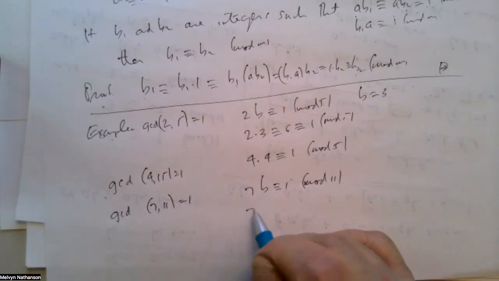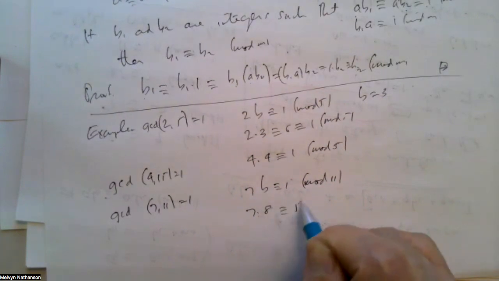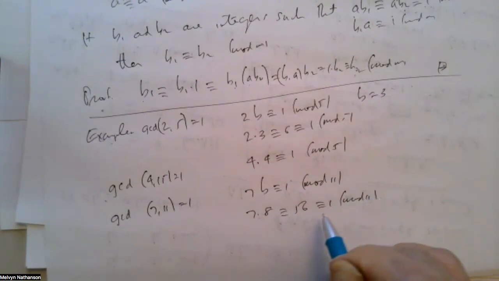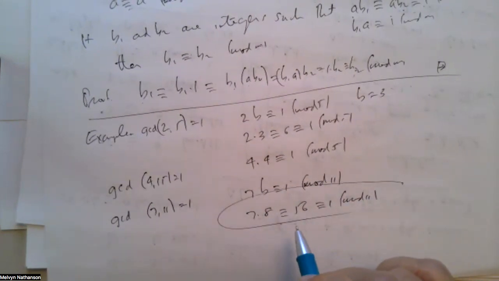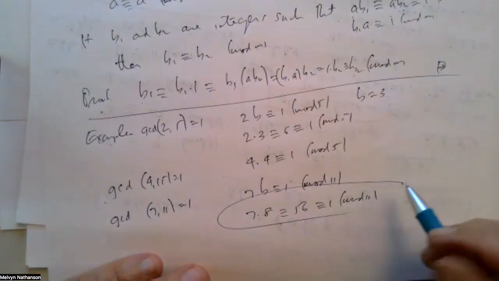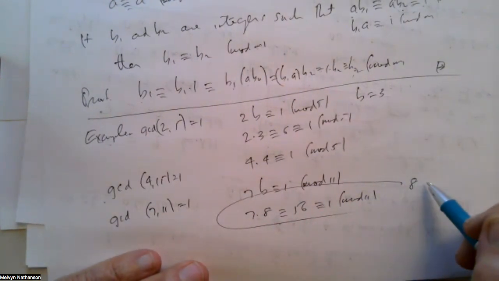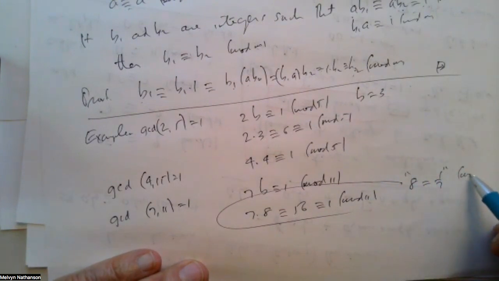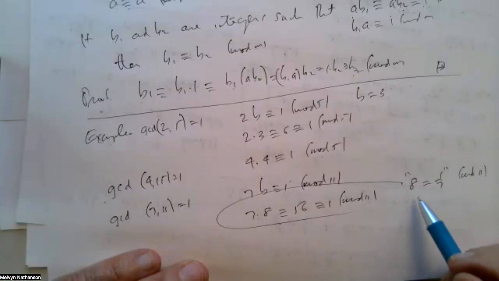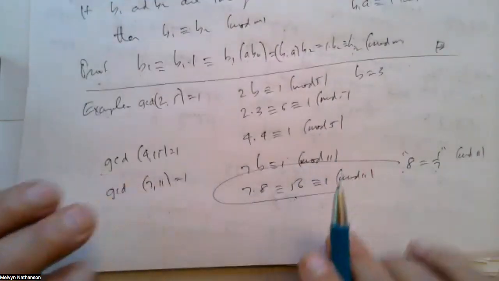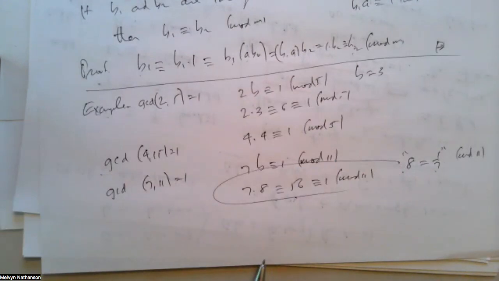And in fact, you will see that 7 times 8, which is 56, is congruent to 1 mod 11. We can think of this as like 8 is like 1 over 7 mod 11, because 8 times 7 is 1. That's sort of a curious way to look at this.